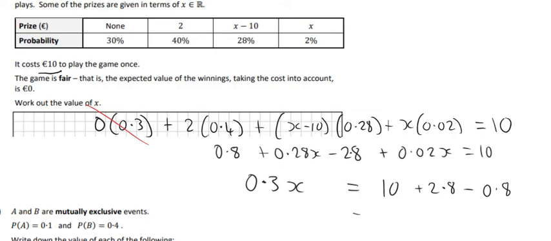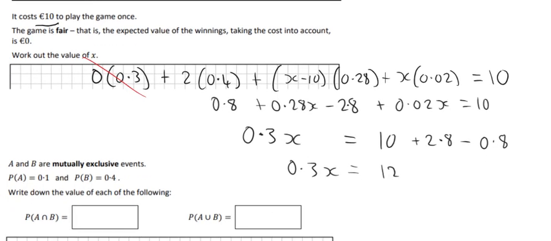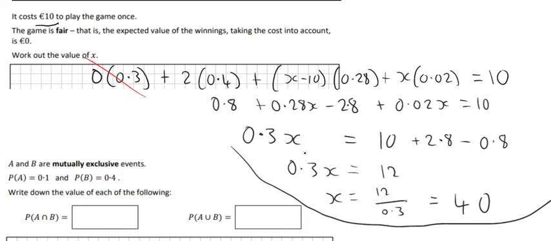And that just gives you 12 on that side is equal to 0.3x, and then bring over the 0.3 and divide it. It's the same as times them by 10 and dividing by 3, so it's just going to be 40 in the end. So x is equal to 40 there. And that's all.